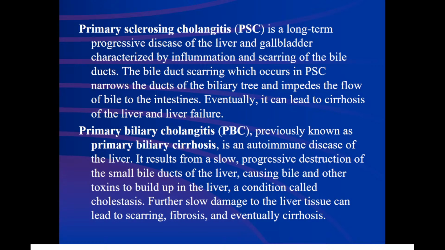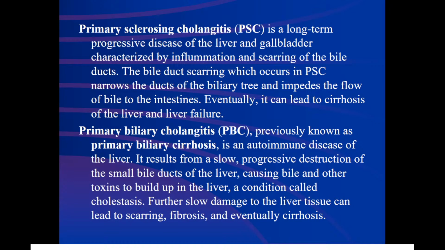So both these diseases affect the biliary tree, but PSC mostly affects large bile ducts, and PBC mostly affects small bile ducts of the liver. PSC mostly affects men. PBC mostly affects women.